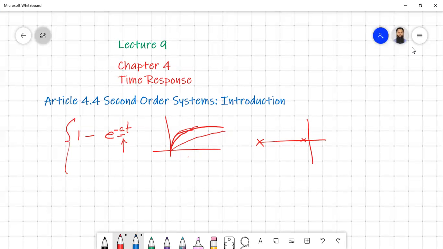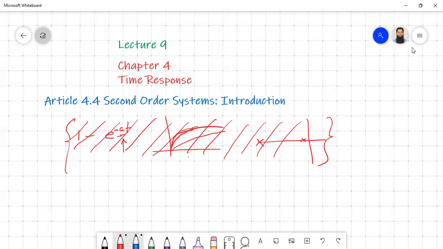So in today's class, we are going to see the second order system, which is not as simple as your first order system, and a few other forms of response are also available.